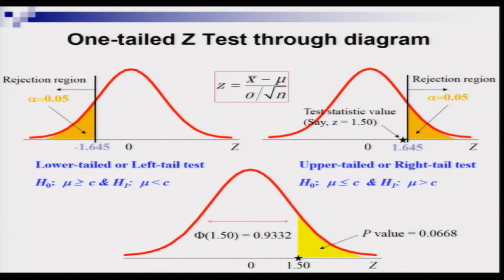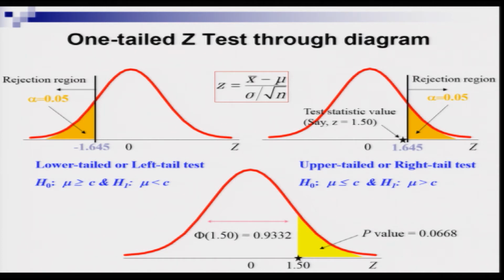That is the area that is called the rejection region, and I am saying that the probability of committing type 1 error here is also 5%. So, for a left tail test or lower tail test, the rejection region lies at the left of the vertical line that you draw at the critical value, and if the test statistic value z falls in that region, it implies its value is less than minus 1.645, then you can reject the null hypothesis.